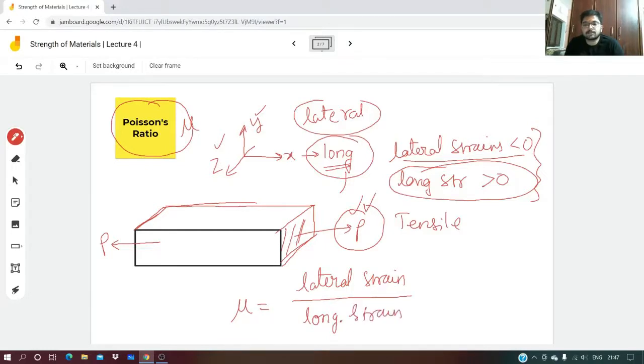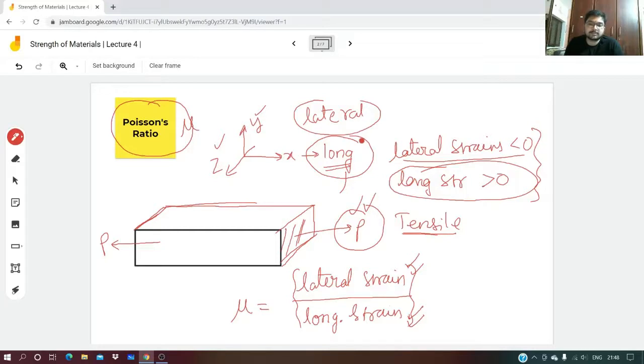But the thing to remember here is this ratio is becoming negative. Why? When longitudinal strain is positive, lateral strains are negative. That is under tensile load in longitudinal direction. If in case it is compressive, then longitudinal will become negative and lateral will become positive.